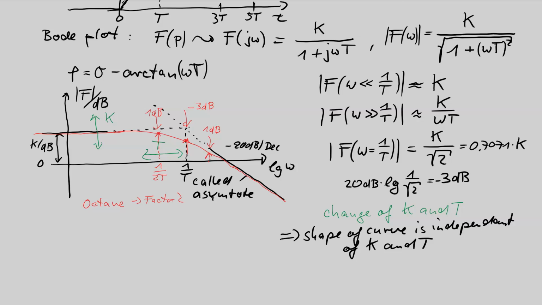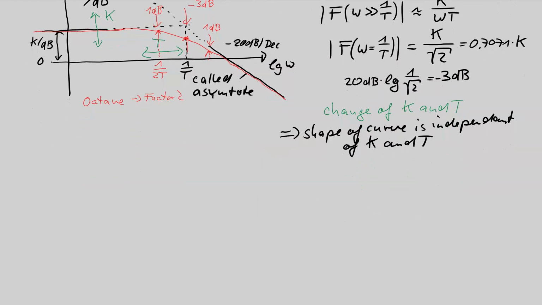So all PT1s in the world have the same shape, the same magnitude curve. If the scaling is the same, then all PT1s in the world have the same magnitude curve, only the position: horizontally it is defined with t, vertically it is defined with k.